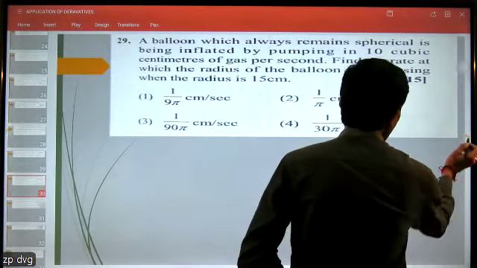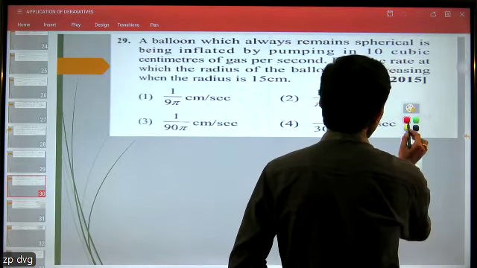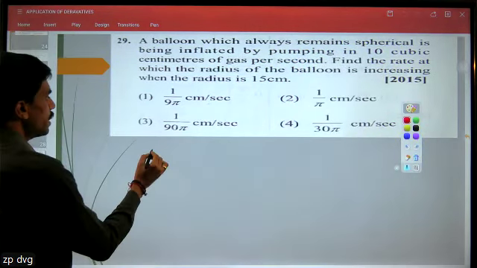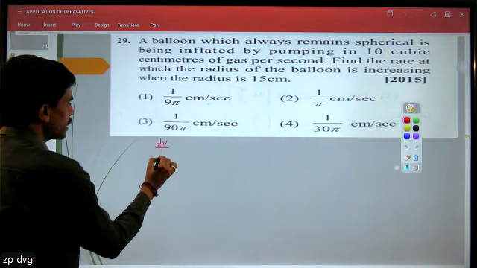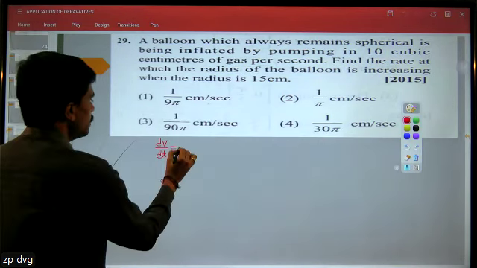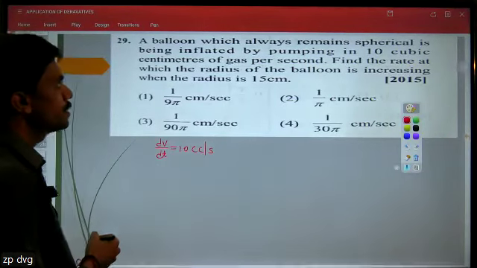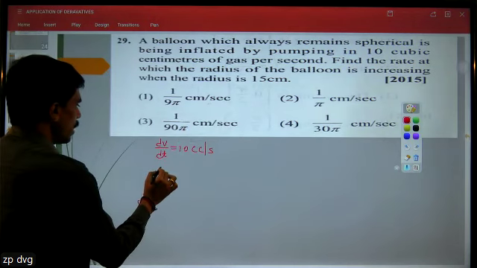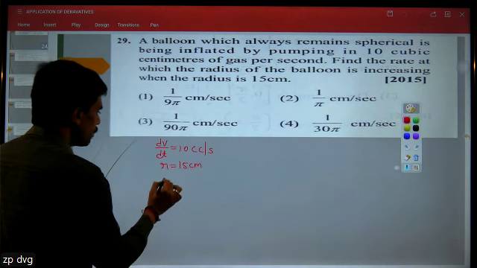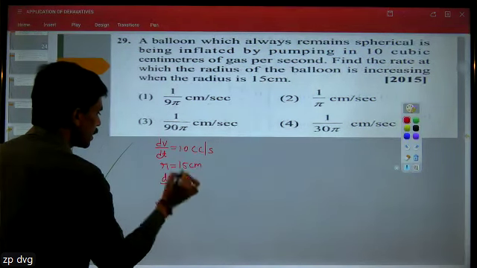So dV by dt is equal to 10 cubic centimeters per second, r is equal to 15 centimeter, and we have to find dr by dt.